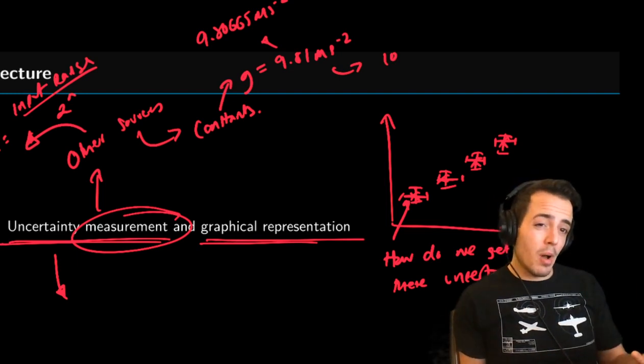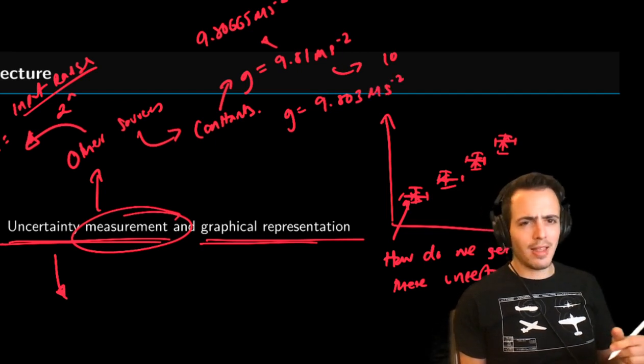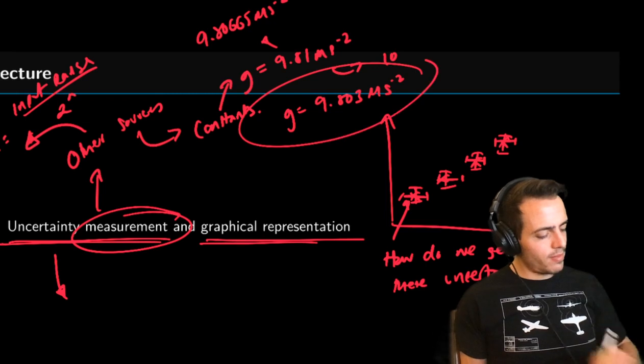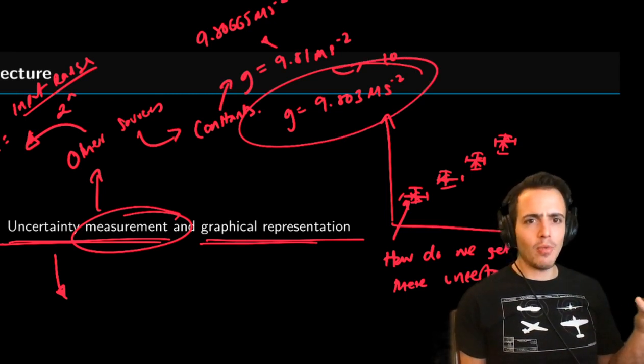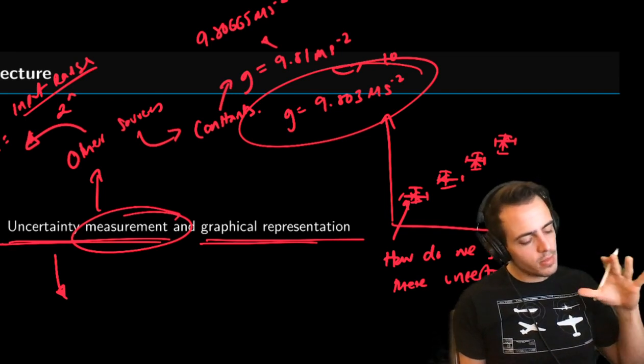g actually depends where we are on the Earth's surface. So I think g for Chicago, from the top of my head, is about 9.803, I think. You guys might want to check that. Someone Google that. Find out for me what g is for Chicago and put it on the Slack space so we can find out.